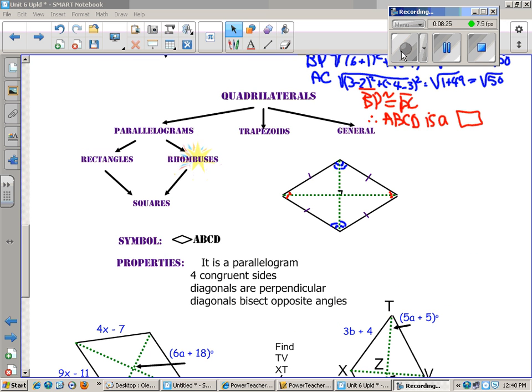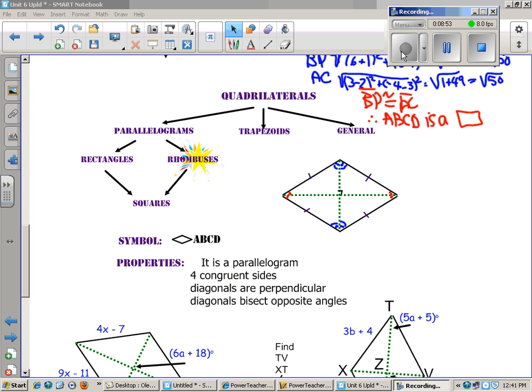All right, so the symbol for rhombus is a rhombus. The characteristics are, first, it's a parallelogram. So all the characteristics of a parallelogram apply. And it has 4 congruent sides, diagonals are perpendicular, and diagonals bisect opposite angles. So it's all the stuff about a parallelogram plus all 4 sides are congruent.